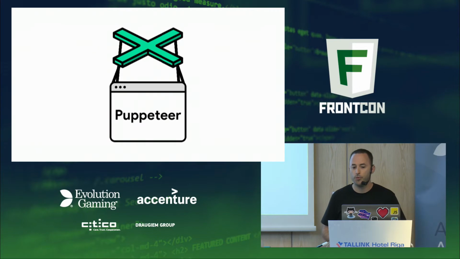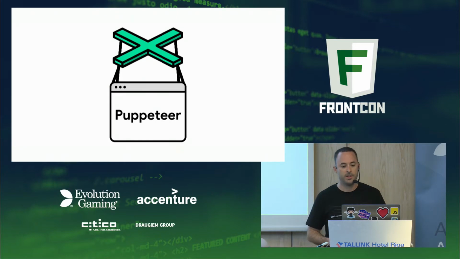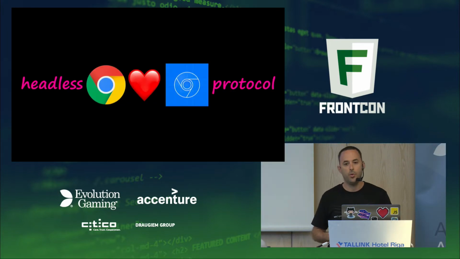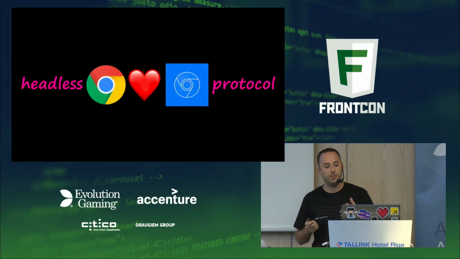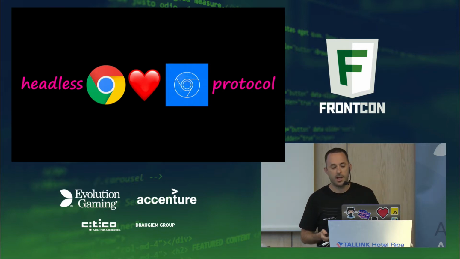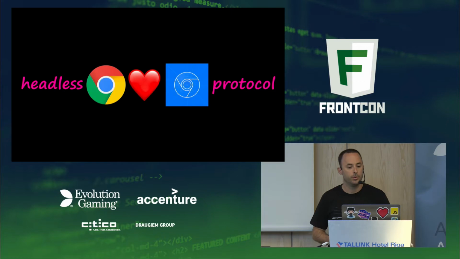And the same is true for Chrome Driver, the project that's been around for quite a few years for controlling regular Chrome from Selenium, also based on top of the DevTools protocol. So the takeaway here is this: if you want to create powerful automated tasks, if you want to play with headless browsers and extend the capabilities, being familiar with and being comfortable with the DevTools protocol can really help you go a long way.